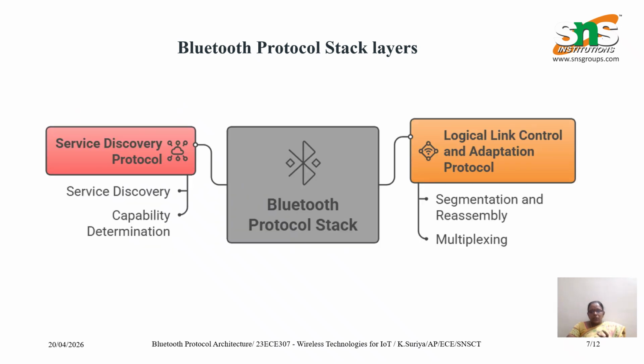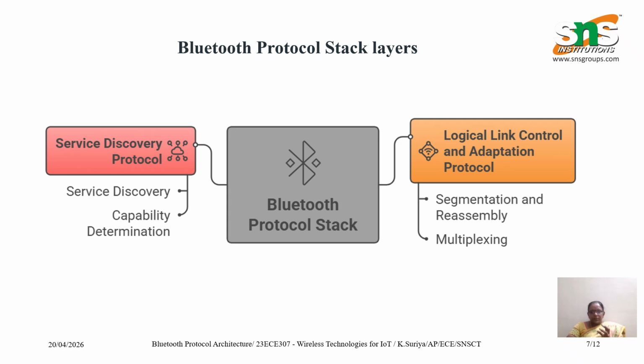The next one is the logical link control and adaptation protocol, known as the L2CAP layer. It is known as the heart of the Bluetooth protocol stack. It provides communication between the upper and the lower layers, performs segmentation and reassembly of the data packets, and supports multiplexing of multiple logical connections over a single physical link.